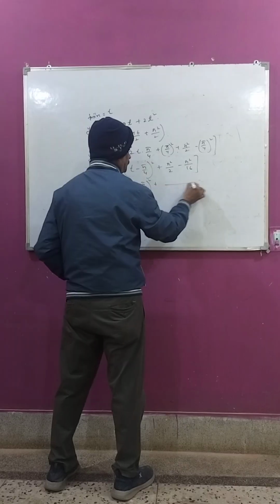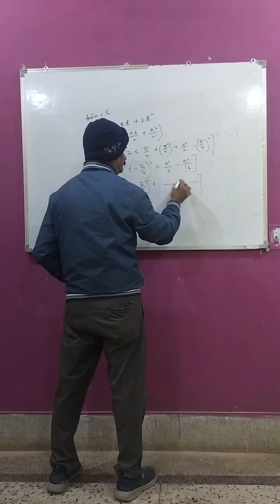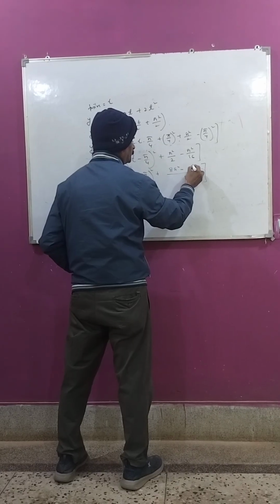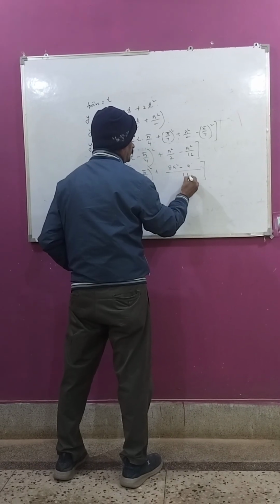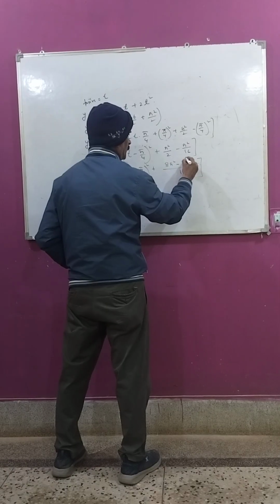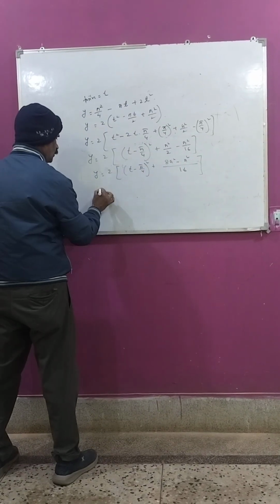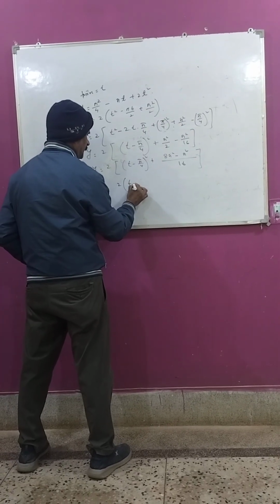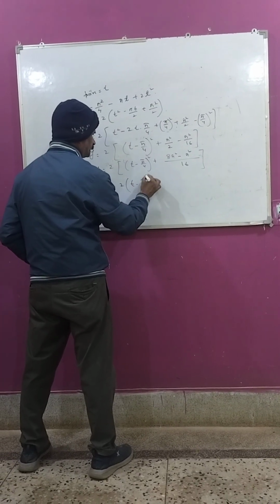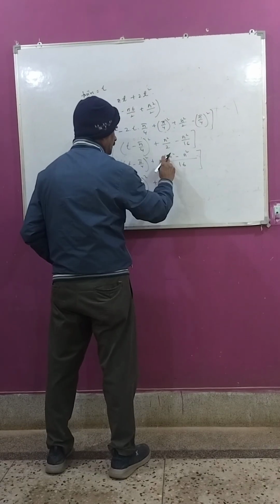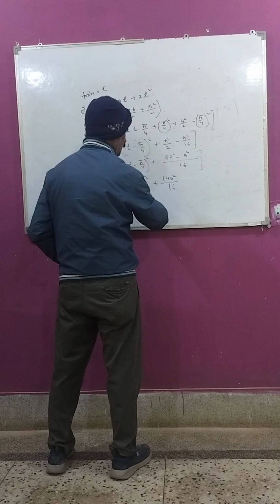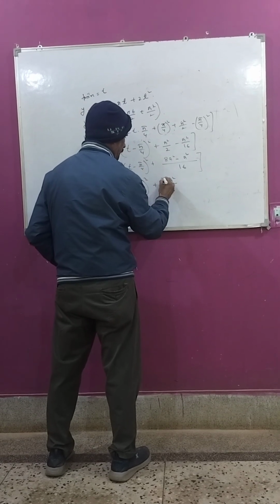If you take the LCM, 8 pi squared minus pi squared by 16. So y equals to 2 into (t minus pi by 4) squared plus 7 pi squared by 8.